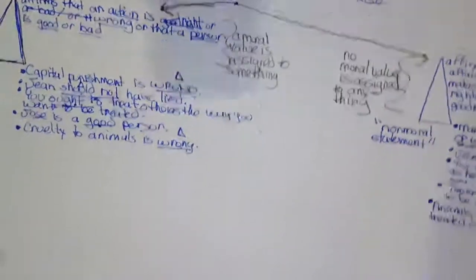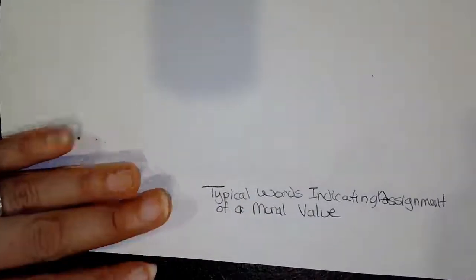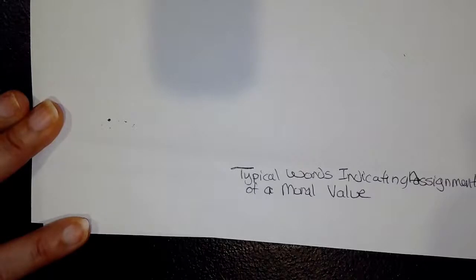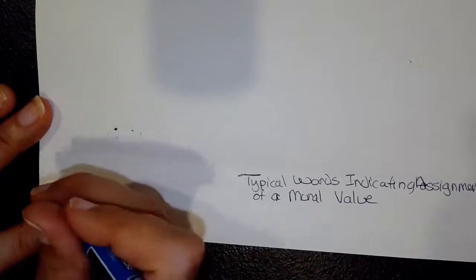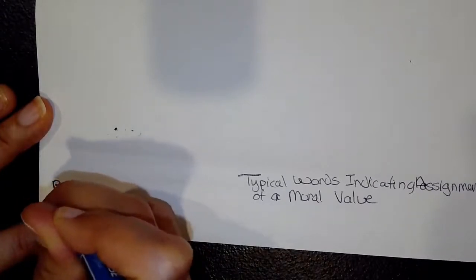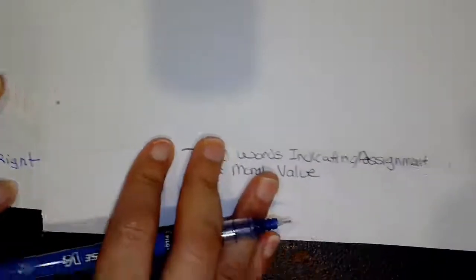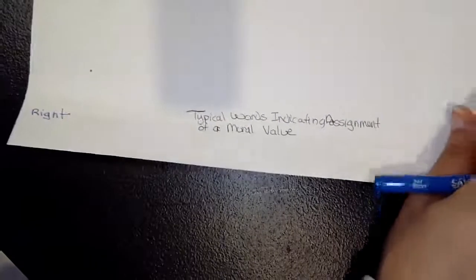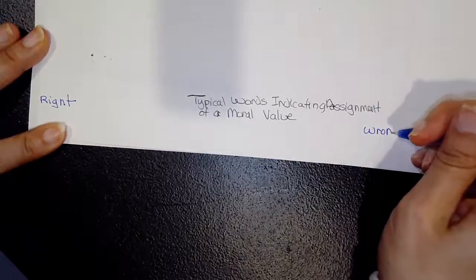All right, so then let's list out some words. So we already have some words that we can try to spot when thinking about whether a statement is a moral statement or a non-moral statement. So obviously we have right. The opposite of right would be what? Let me pan back out. So we have right, and then over here we could have the word wrong.